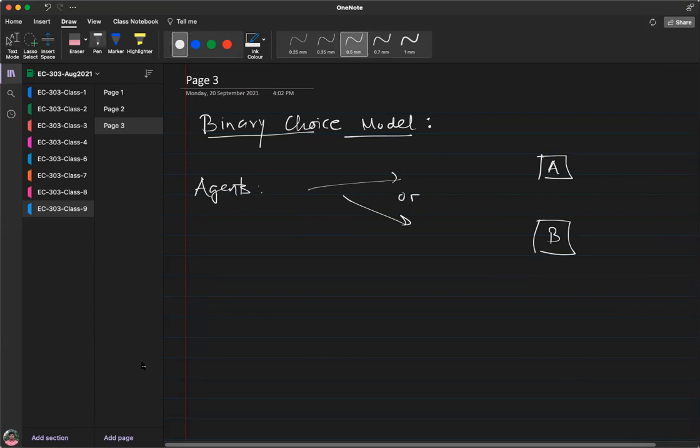Each agent could go, for example, if you are thinking in the context of animal societies, you could think of agents as a colony of ants or bees, and they have to pick between two nests.